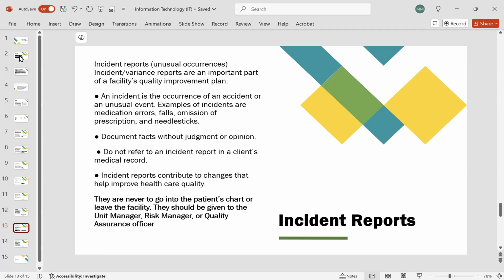That's what risk managers do. And quality assurance is kind of the same thing. Do we need to do extra training? Did somebody not do something? What happened and what can we do so it doesn't happen again? They're the ones that get incident reports because the point of the incident report is that they can look at it and say, all right, what happened? How did it happen? And how do we not let it happen again?